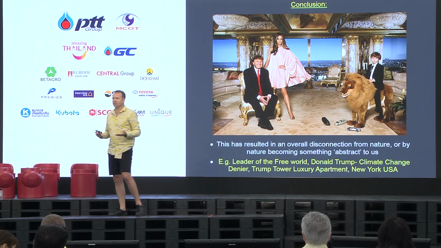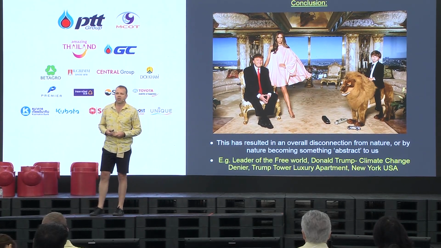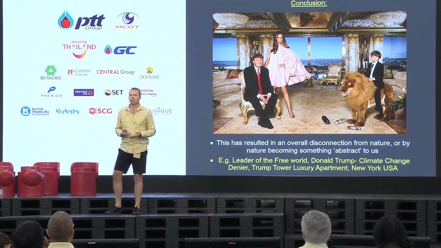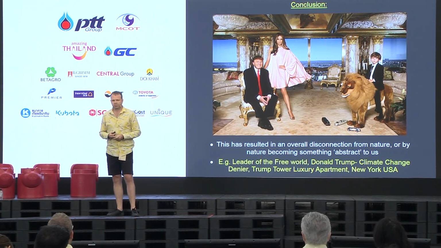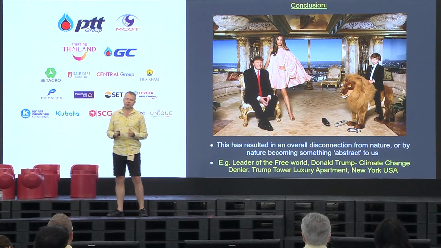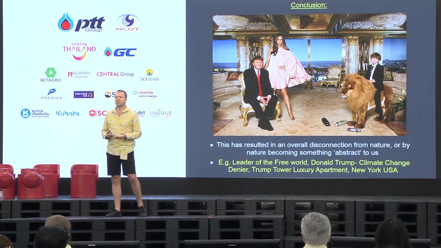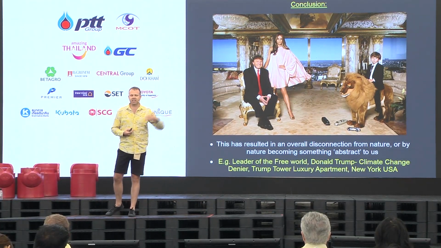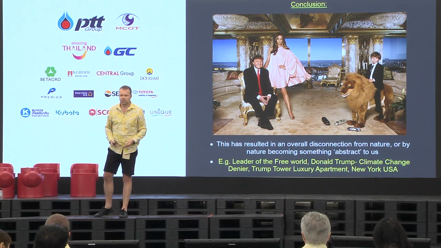He lives in a 72-story tower in downtown central New York, and I don't actually think he understands the fundamentals of what climate change is. But regardless of that, it is a reflection of where we are at as a society, as a civilization. And all Donald Trump is doing is reflecting back to us who we are and how we are living.